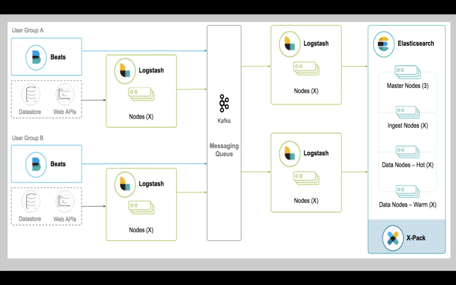In the user group A server, we have to install Beats. The Beats will send the logs into Kafka, which is a messaging queue. From Kafka, the data will be transferred to Logstash, and from Logstash, the data will be transferred into Elasticsearch.